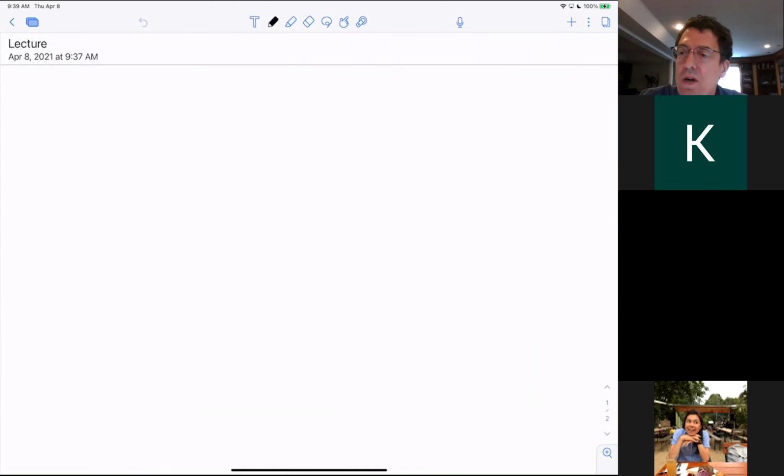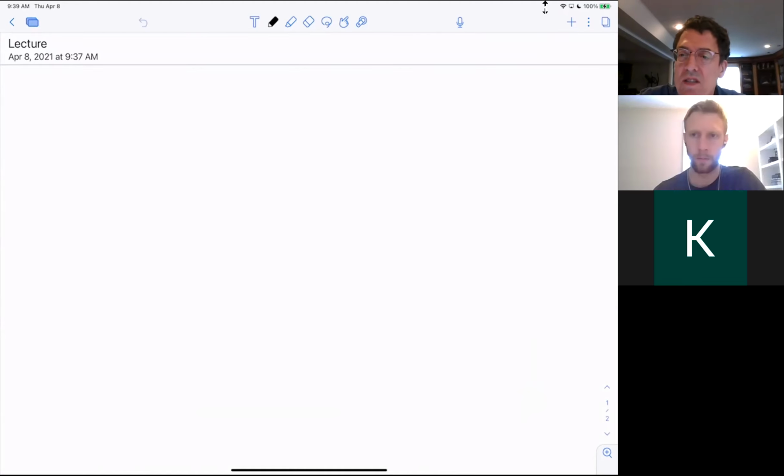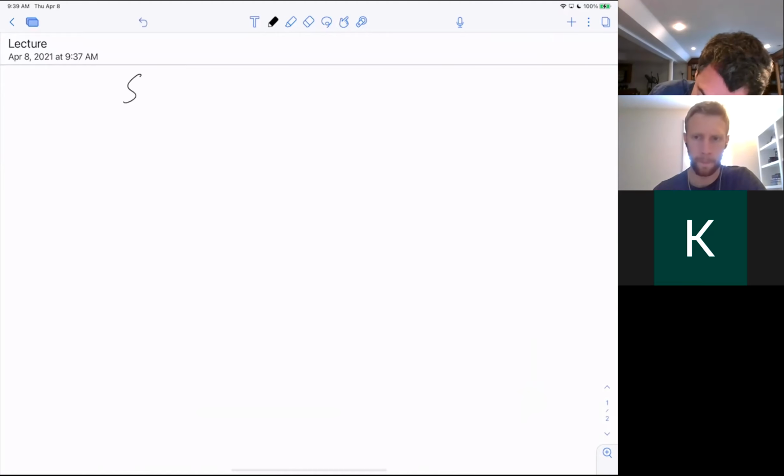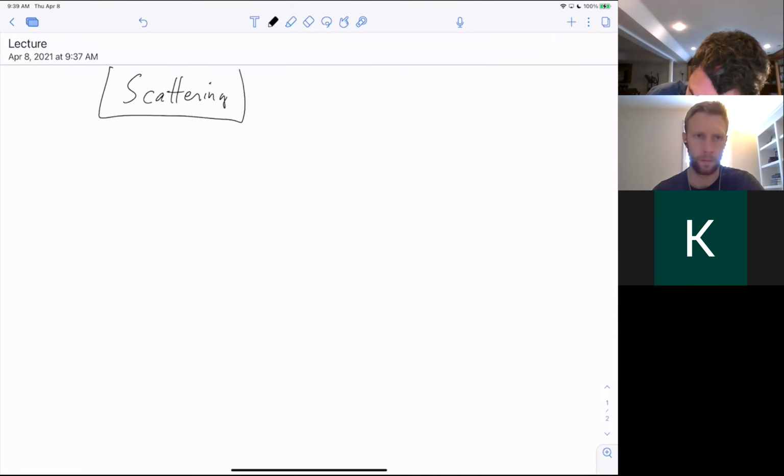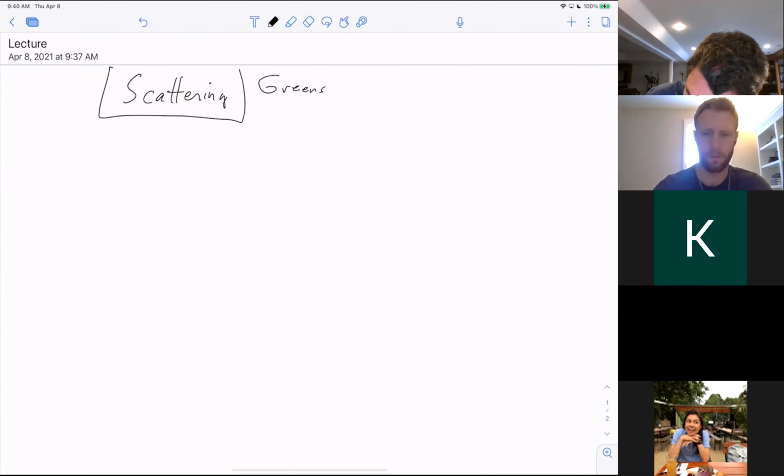Okay, so you guys can see this okay? So today we're going to talk about scattering. We'll continue our discussion from last time. This was motivated by the Green's function approach because we want to go beyond the Born approximation.